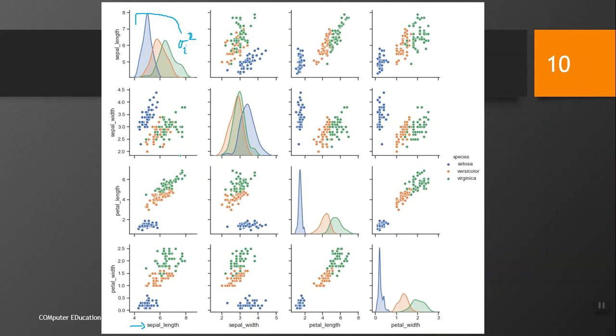On the x-axis there is sepal length, on the y-axis there is sepal width. Similarly, here you can see the covariance of sepal length and petal length. This is the covariance of sepal length and petal width, and similarly others. All the entries on the diagonal are the variances because they belong to the same feature.